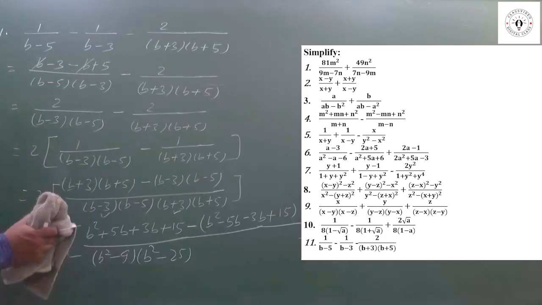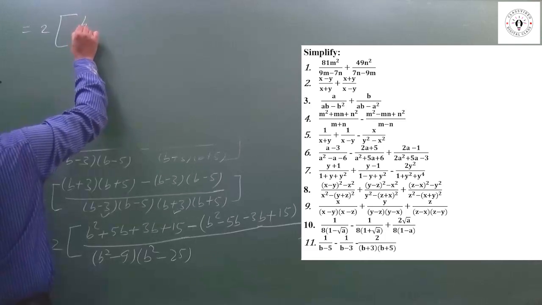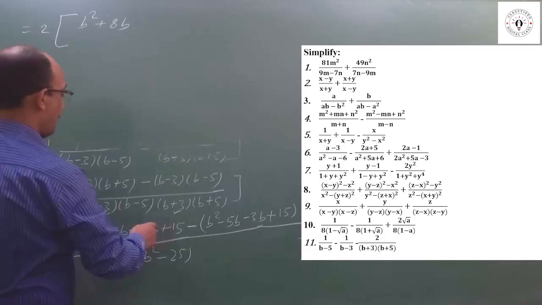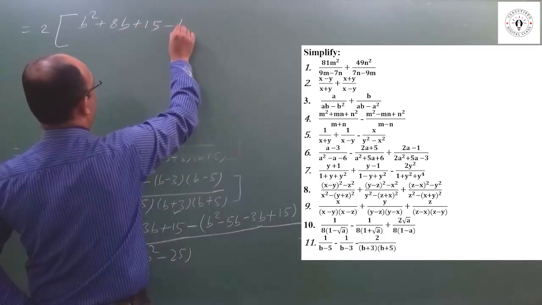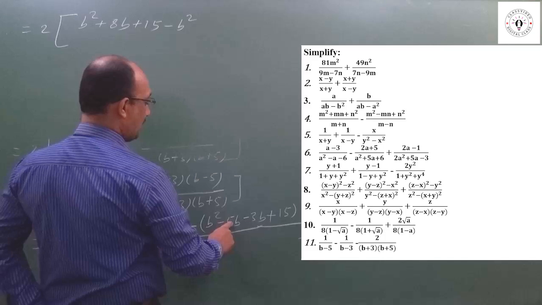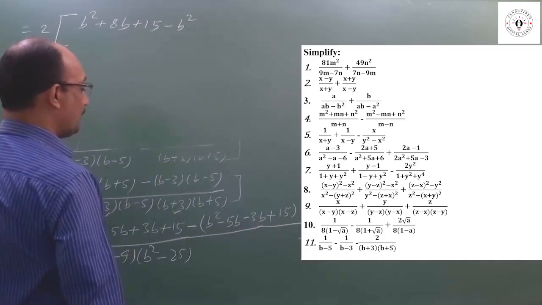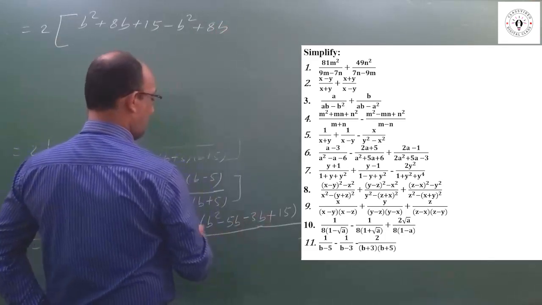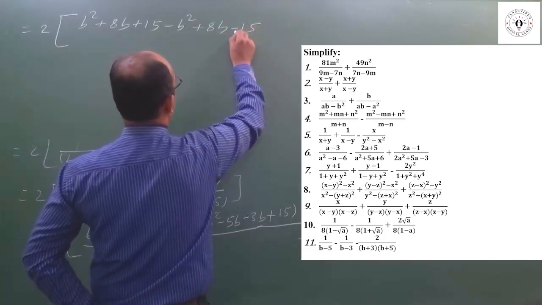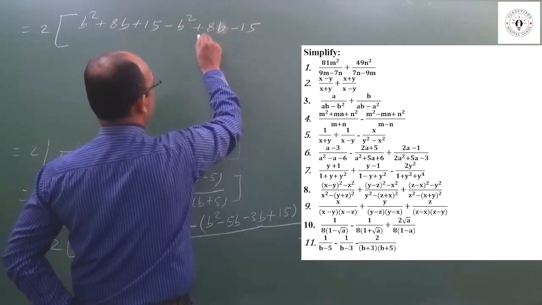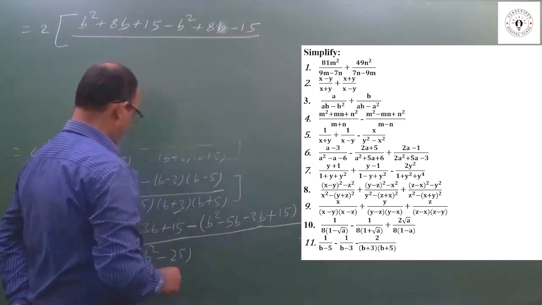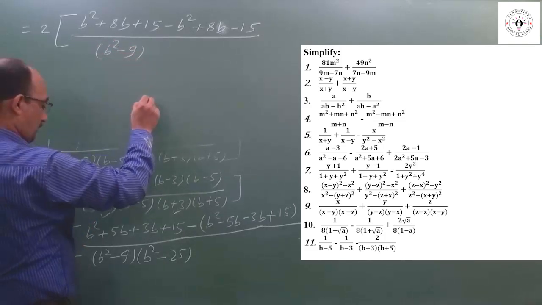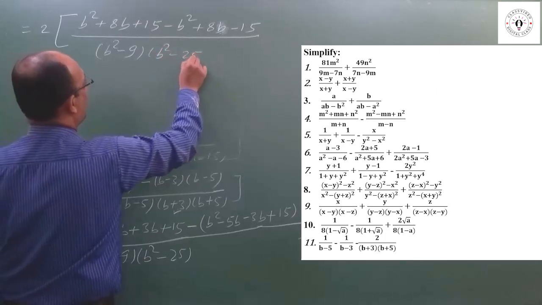Okay, this 2 times as it is, b square as it is, 5b plus 3b becomes 8b, plus 15, minus b square, minus 5b minus 3b becomes minus 8b, but when it comes out, it becomes plus 8b, and minus minus plus, minus 15, this is 8b, upon denominator same, that is b square minus 9 into b square minus 25.